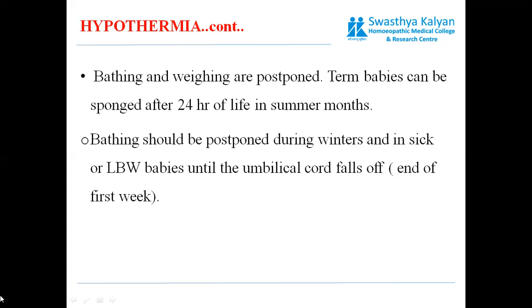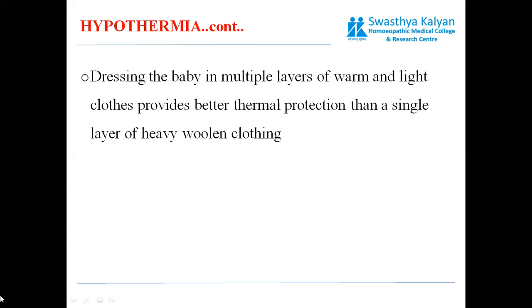So it is very important that when we are clothing the baby, we dress the baby in multiple layers of warm and light cloth instead of a single layer of heavy woolen clothing, because multiple layers of warm and light clothes provide better thermal protection.